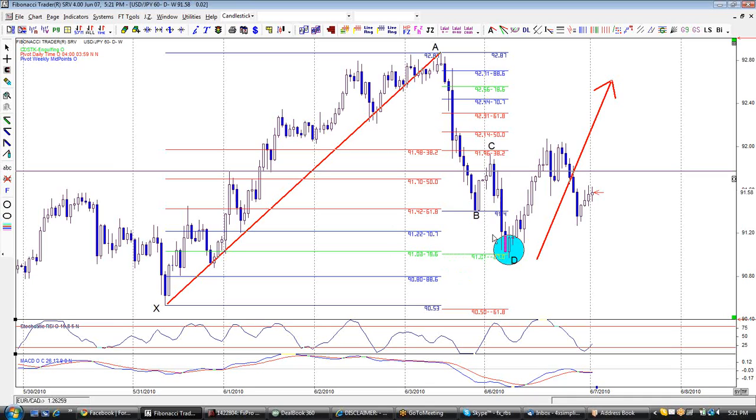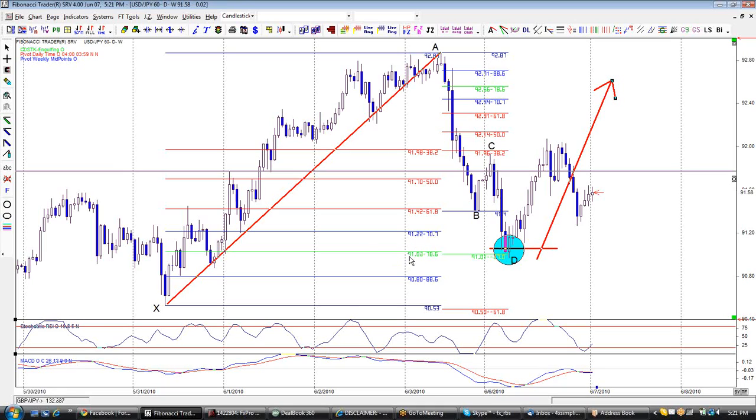Now the entry is the convergence between the two fib levels, the 786 and the 127. Since we're buying, we want to place the buy order a little higher than the convergence, because we want to cover the spread.